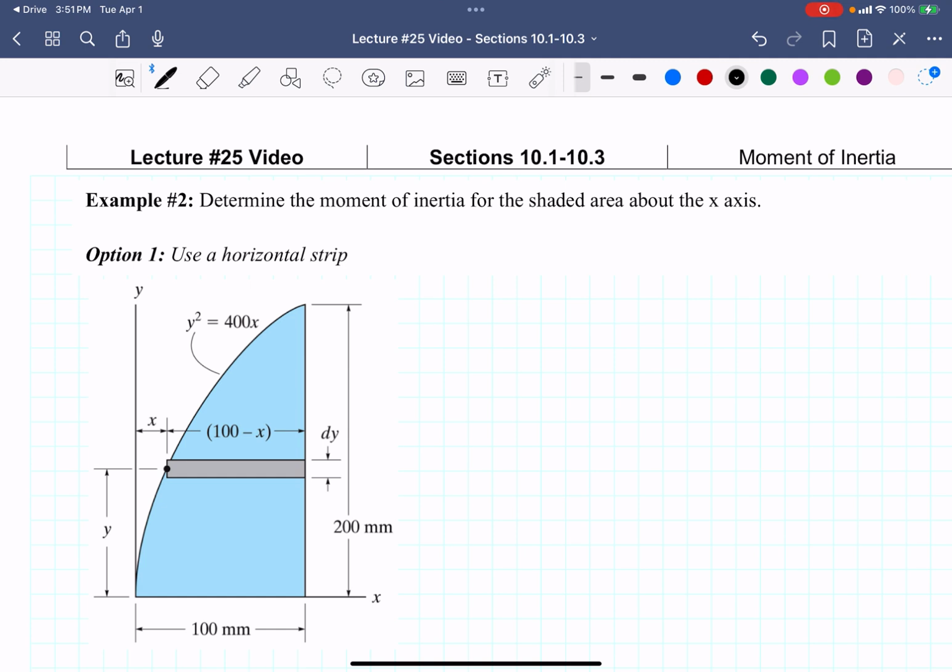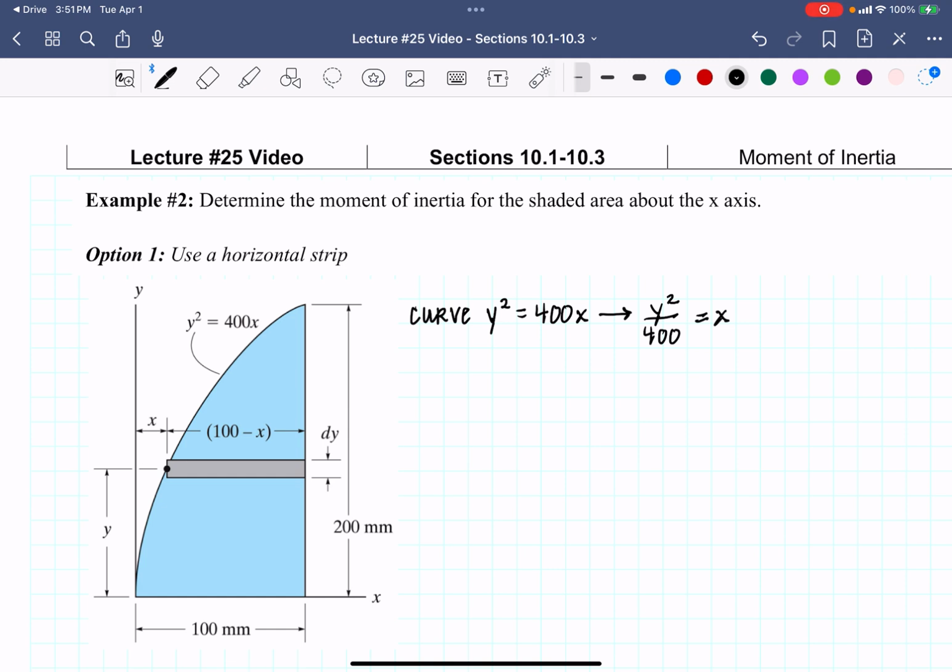So I'm going to use dy, which means that I'm going to need x in terms of y. So right now I have the curve is y squared equals 400x, but I need to have x defined in terms of y, which is going to mean that y squared over 400 is equal to x, because I know I'm going to have to plug that in at some point.